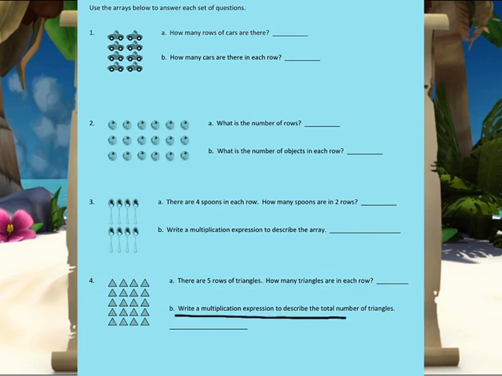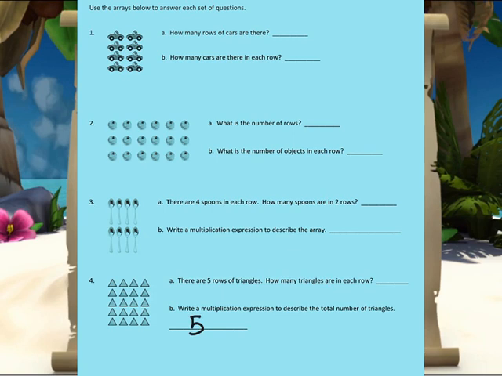Write a multiplication expression to describe the total number of triangles. So you have to find the total number of triangles, which we already did, which is 20. And we have to write a multiplication expression. How to do it? Always remember, the first factor will be the number of groups, right? So if you see here, there are 1 group, 2 group, 3 group, 4 group, and 5 group. There are 5 groups.